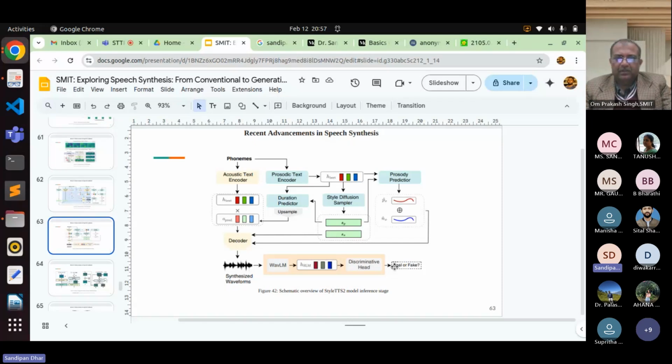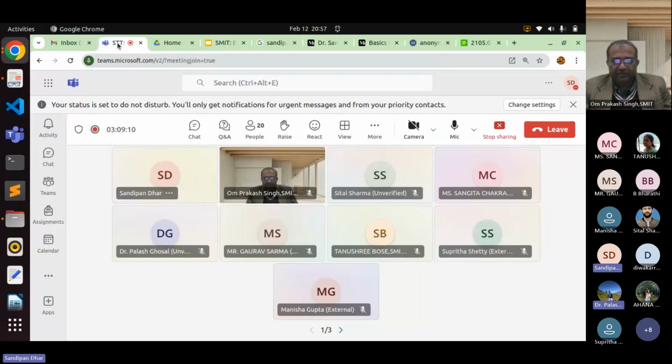So if you ask me the future of the diffusion model, I'll say that the combination of diffusion with other learning mechanisms or existing models may give us a very good result. But I don't know whether in future we will get a better generative model than diffusion. Definitely not as of now.